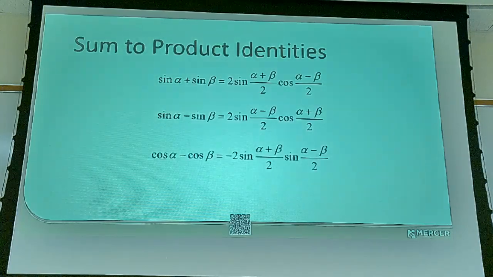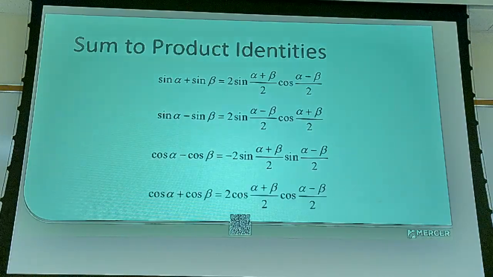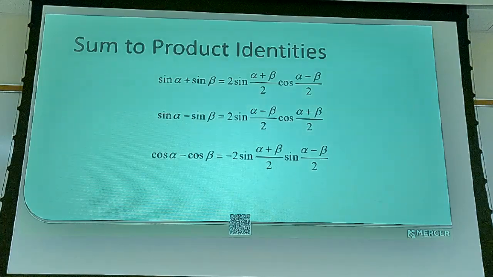Then you have cosine alpha minus cosine beta, negative 2 sine of alpha plus beta over 2 sine of alpha minus beta over 2. Wait a minute. That negative might not belong there. Let me double check. That might be a typo.